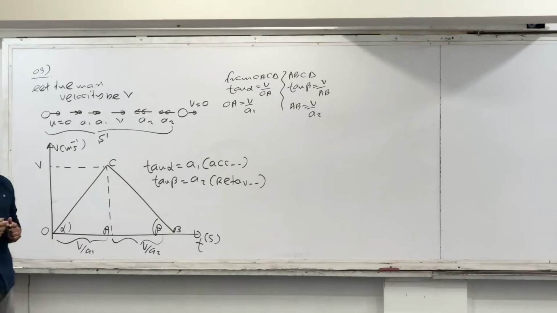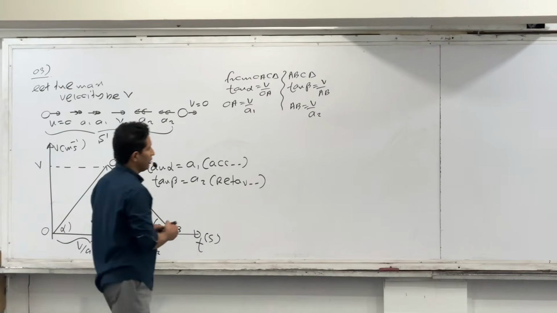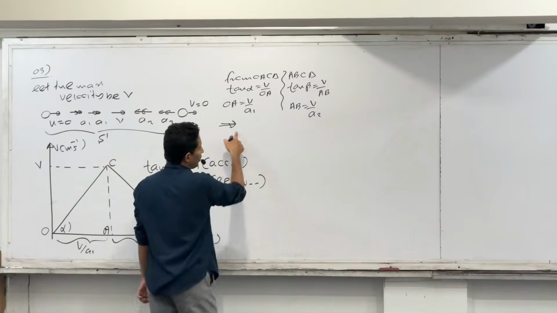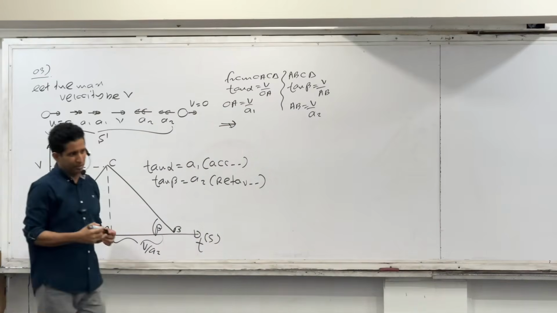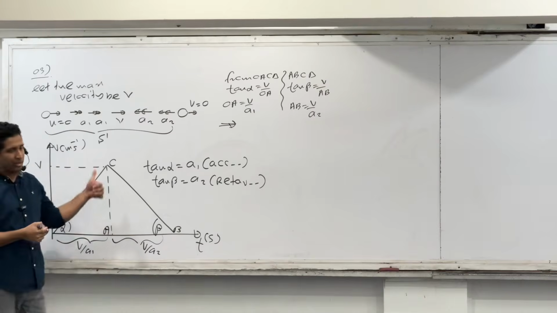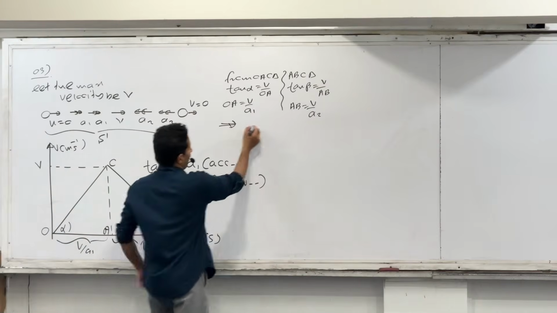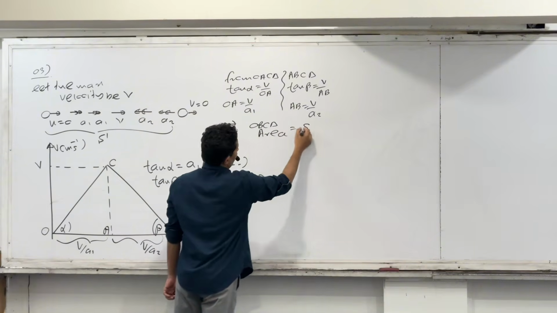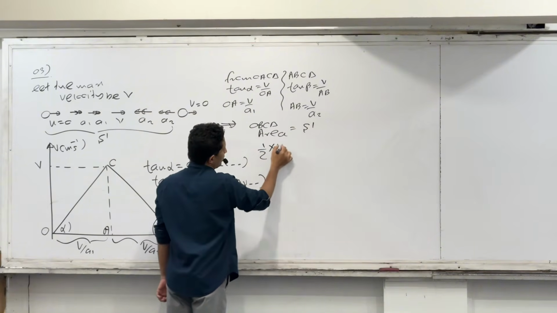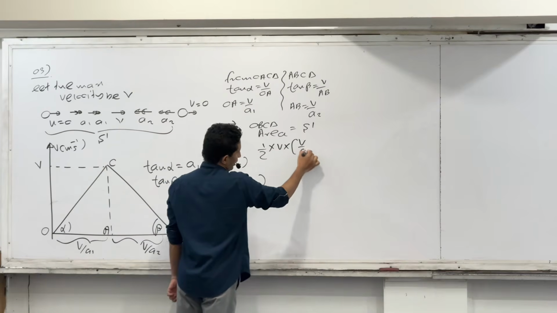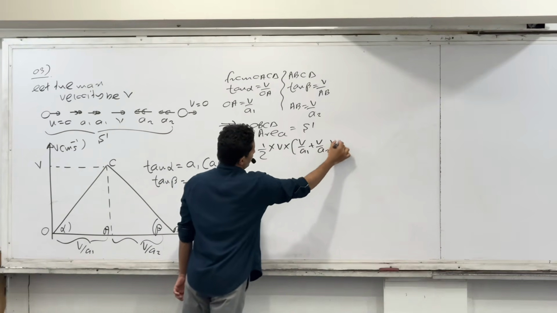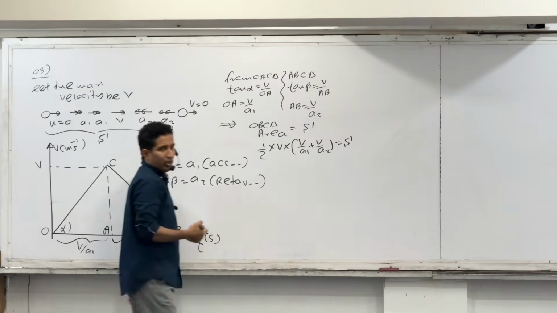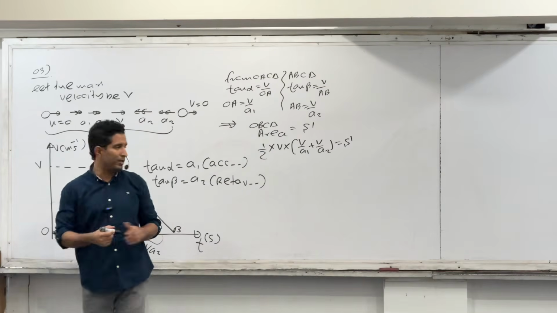What else do we know? The area should be equal to S. The total distance travelled is equal to S, so the area of triangle OBC equals S. Then half into (v over a1 plus v over a2) equals S. Here you will get v squared when you take v out.